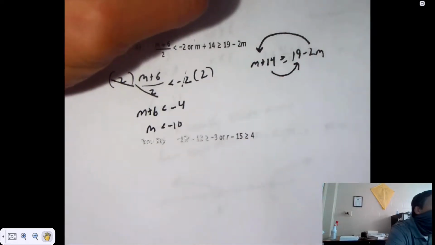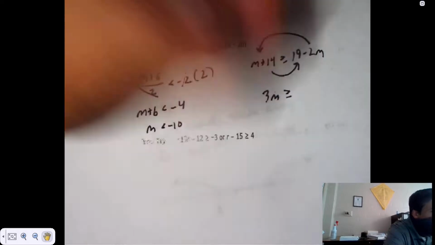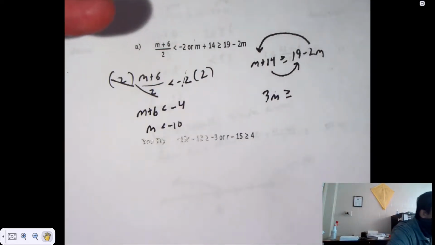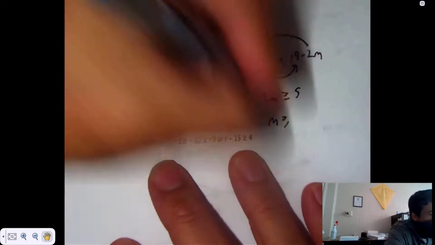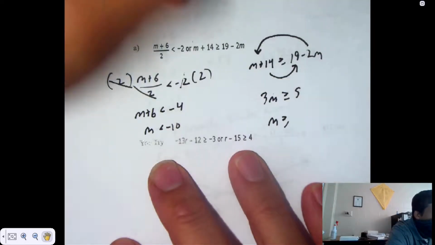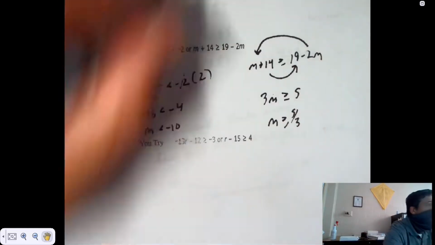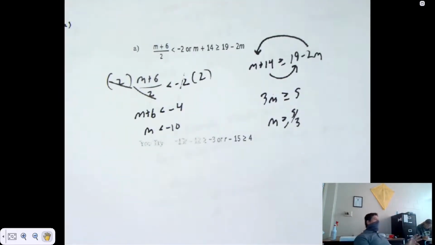This guy's going over there. How many m's would you have on the left? 3 of them. And on the other side, you're doing 19 minus 14. 5. Hey, we got a fractional answer here. M is greater than or equal to 5 over 3, 5/3. Don't be so quick to go to your calculator and get a decimal. There's no point. It's just a waste of time.